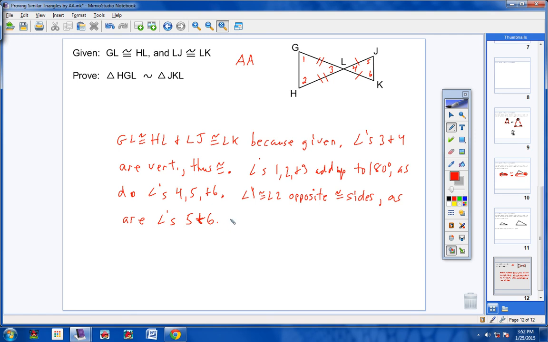And then you could jump right to this and say, thus, angles 1, 2, 5, and 6 are all congruent, because the angles have to add up to 180, or because the triangles have to add up to 180.